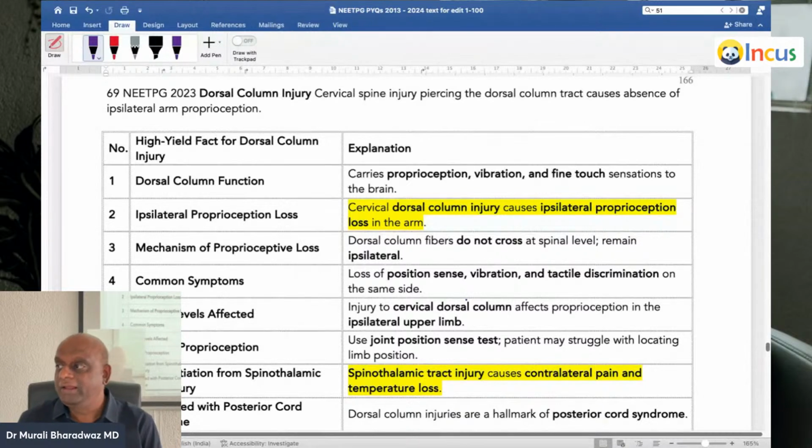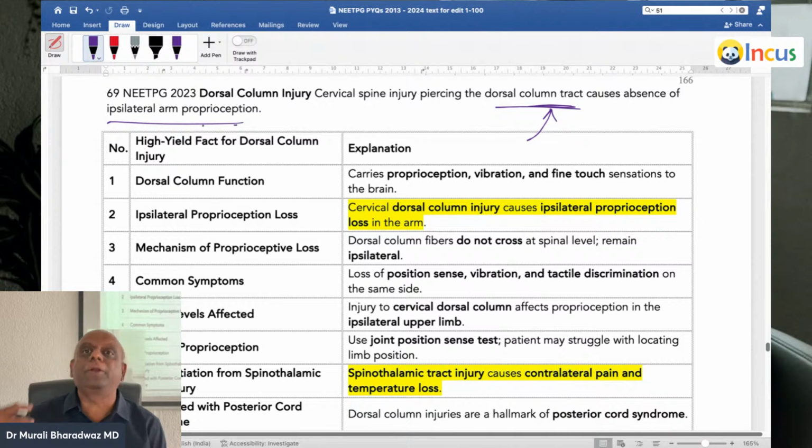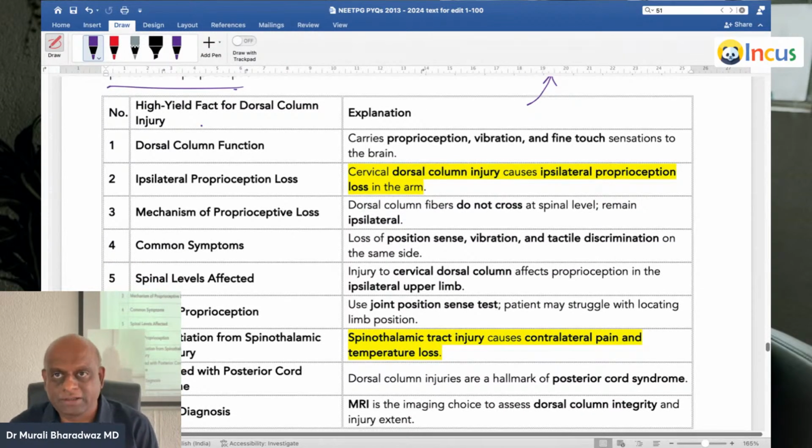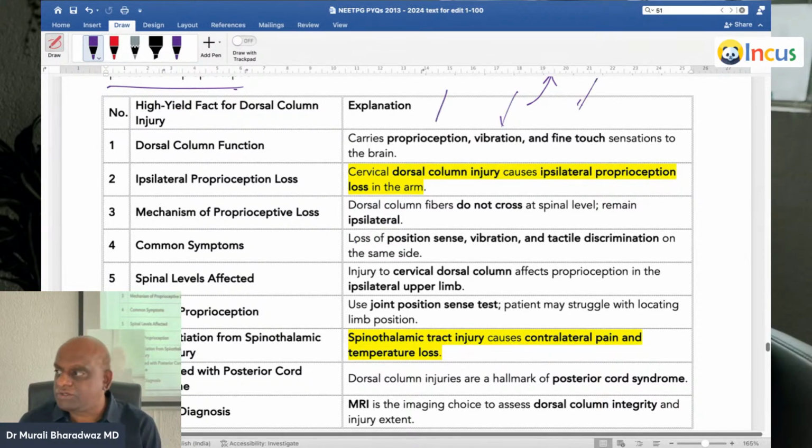Cervical spine injury, which is piercing the dorsal column tract, leads to loss of ipsilateral proprioception in the arm. Ipsilateral arm proprioception. So, what is the function of dorsal column, doctor? It leads to vibration, proprioception, fine touch sensation.